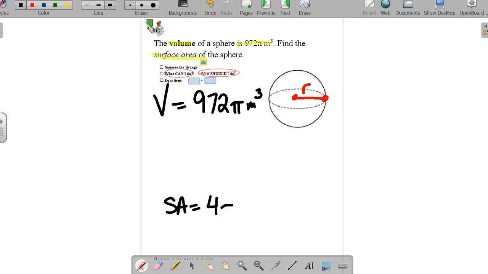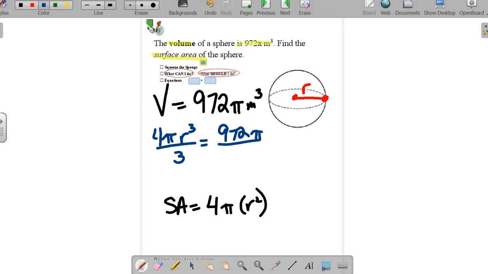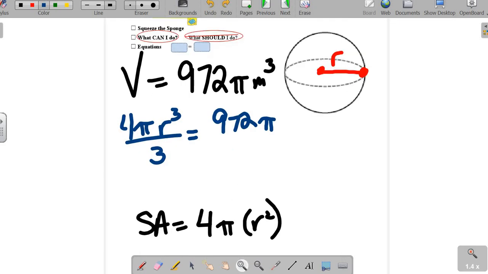Surface area is going to be 4 pi r squared. What do I know about volume? I know volume for a sphere is 4 pi r cubed over 3. And that's going to equal 972 pi. Basically, you cross multiply.